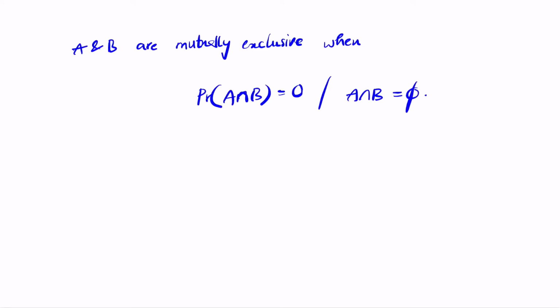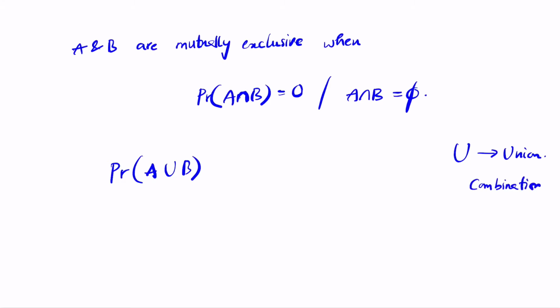Right, so the probability of the intersection is 0, and the intersection of the sets gives you a null set. There is another method when we can do this. If you have the probability of A union B, remember, this U represents union. Union in simple terms is combination without repetition.